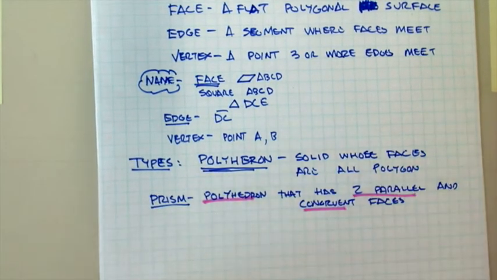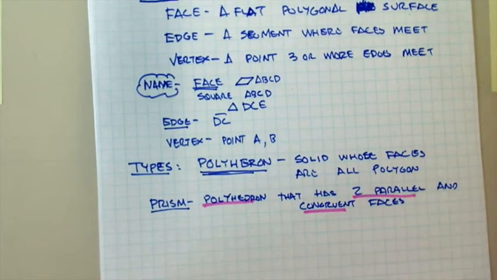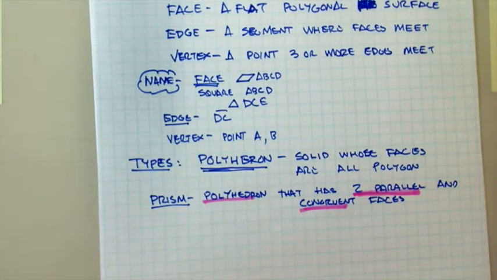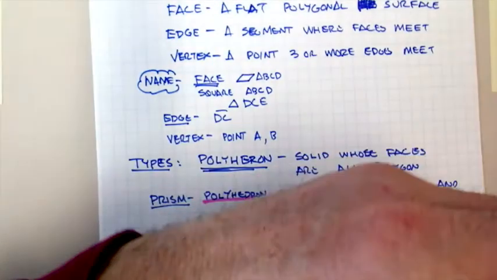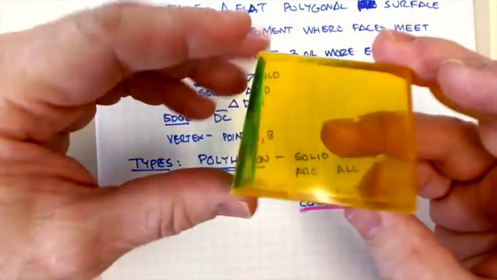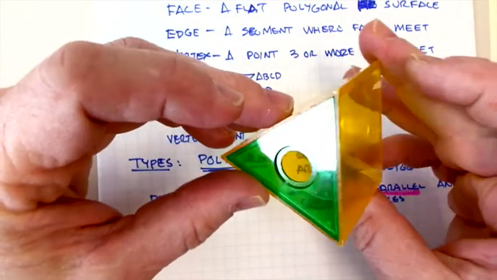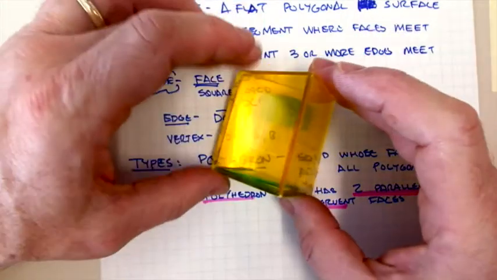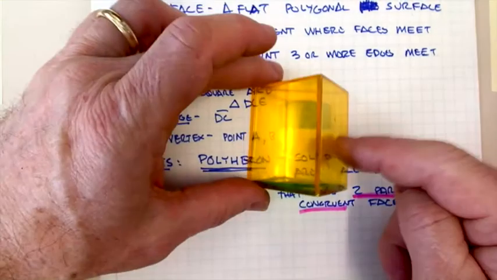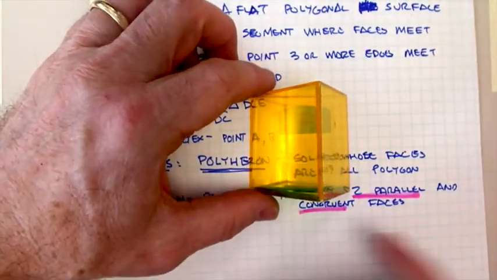Obviously, it has to meet those conditions that every surface is a polygon, but it's going to have two parallel and congruent faces that are congruent to each other. Okay? So let's take a look at this shape here. This is a prism. Many of you from science class may have had one of these shapes and you refracted some light through it.